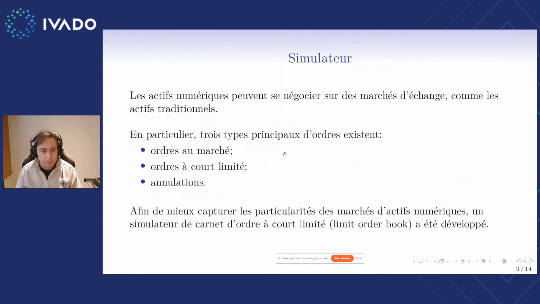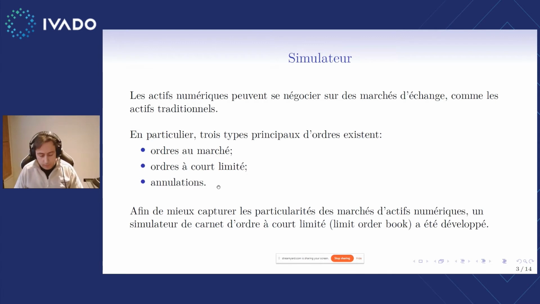So briefly, as Austin said, we consider exchanges like traditional markets, except that we consider digital assets. And we can consider three types of orders. The three main types are market orders, limited orders, and cancellations.